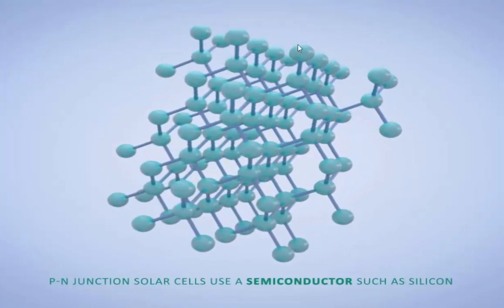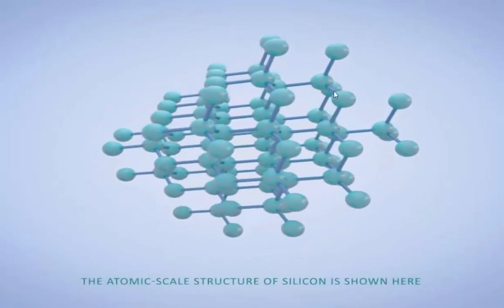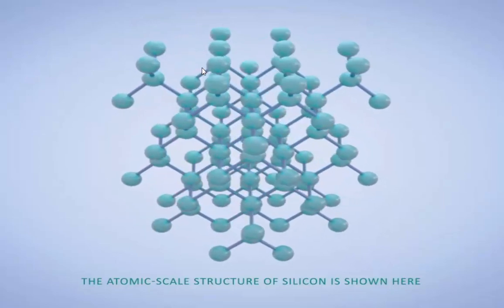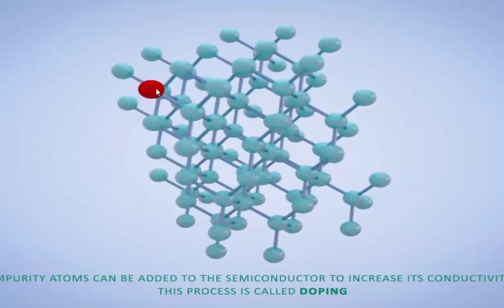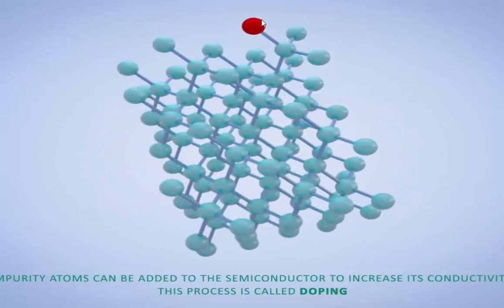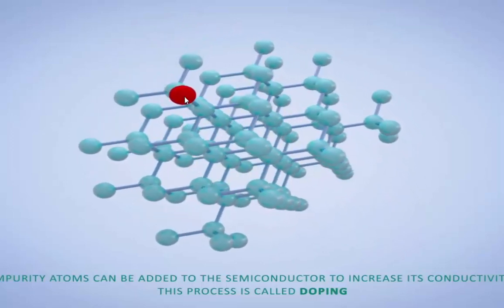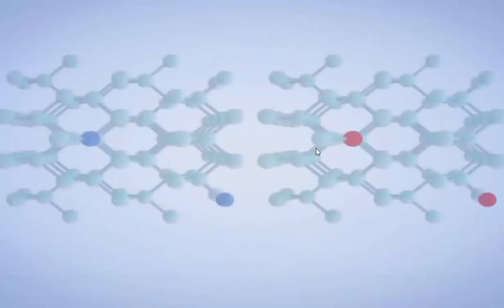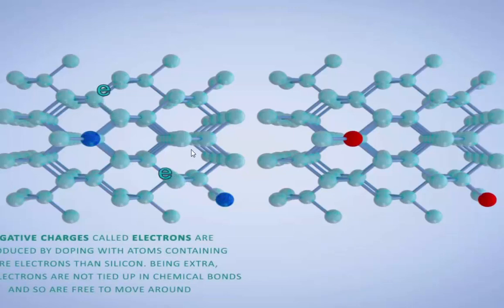Let's see, in this video, the p-n junction of the solar cell. These are the bonds formed by the silicon cell. These are the atoms you can see here. They are covalently bonded. When some p-type material, like boron, is added here, it makes p and n type bonds. How is electricity generated?